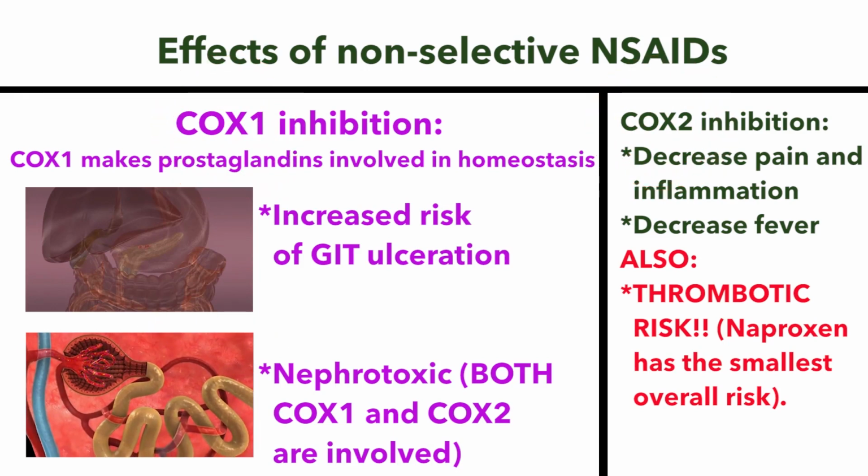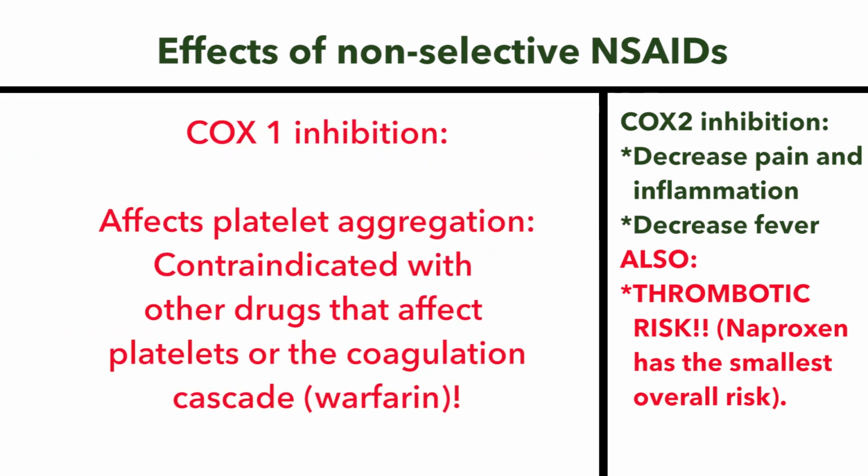And also decreasing those prostaglandins decreases the excretion of fluids, and therefore that leads to hypertension and fluid retention. And then finally, the non-steroidal anti-inflammatory drugs also affect platelet aggregation. So it's important not to combine these medications along with something else that can affect bleeding, for instance, warfarin.